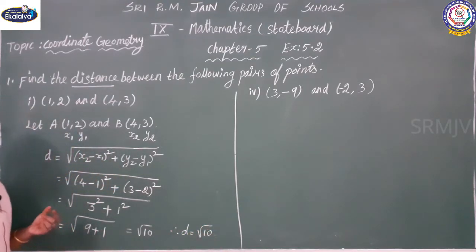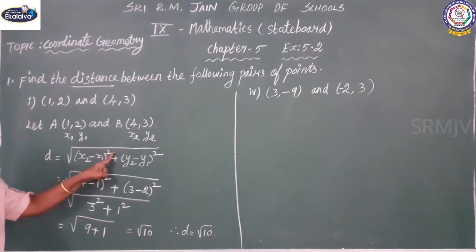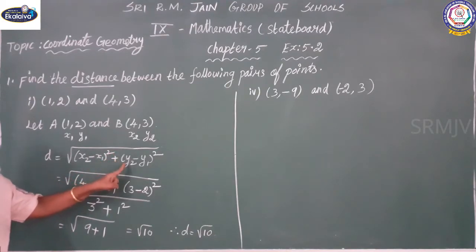Is it clear, children? I repeat this. We are going to find the distance between the points. So the first point x1, y1, second point x2, y2. Here the distance formula d equal to root of x2 minus x1 the whole square plus y2 minus y1 the whole square.